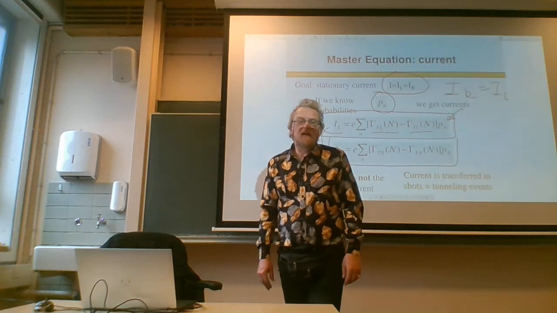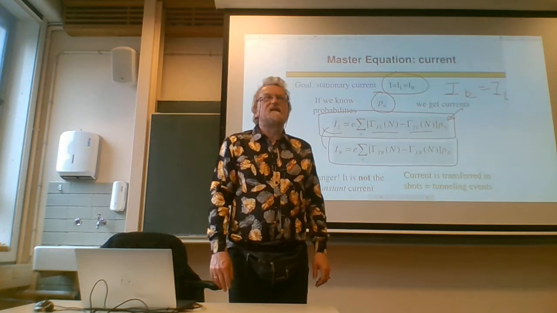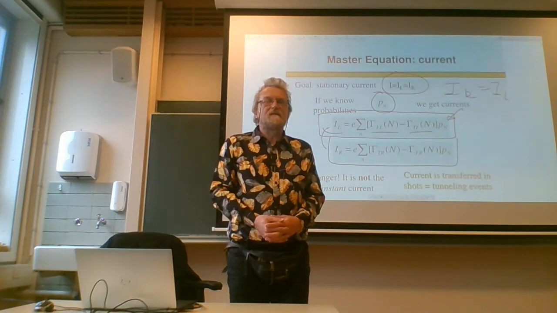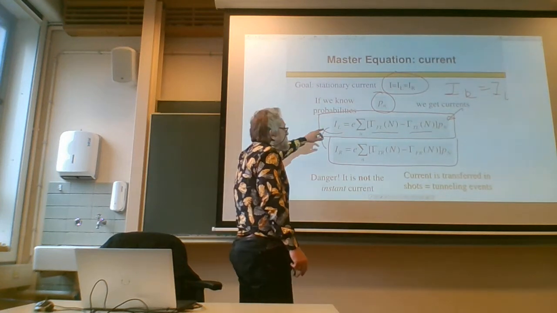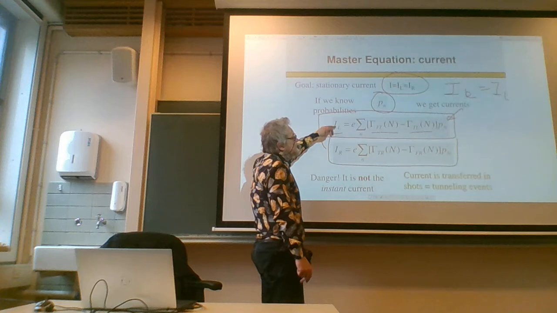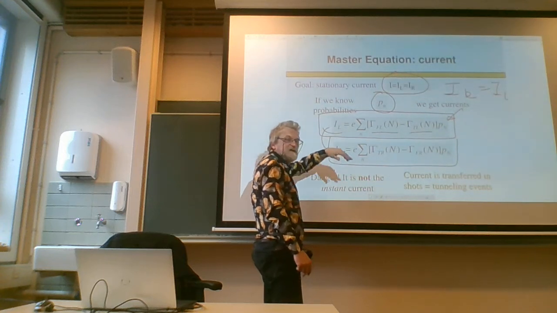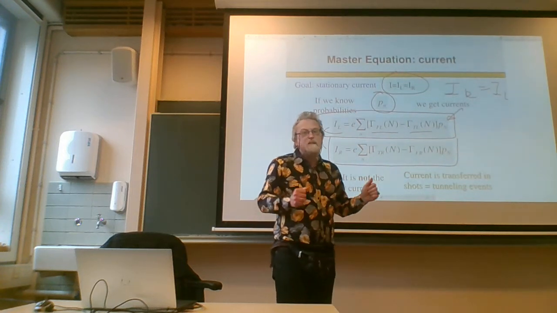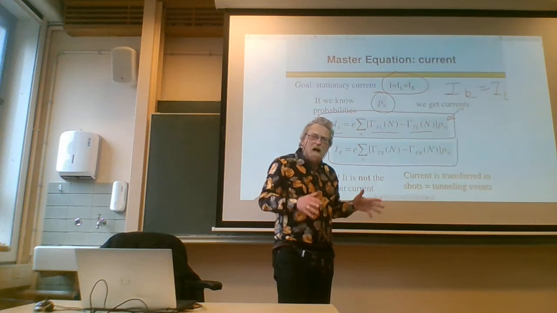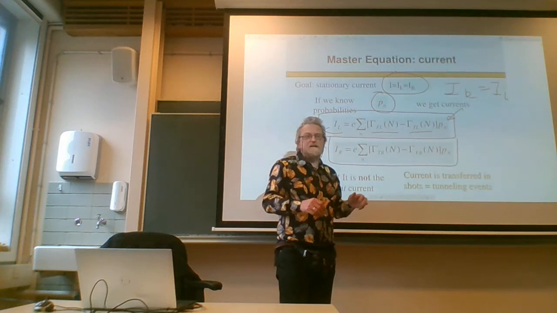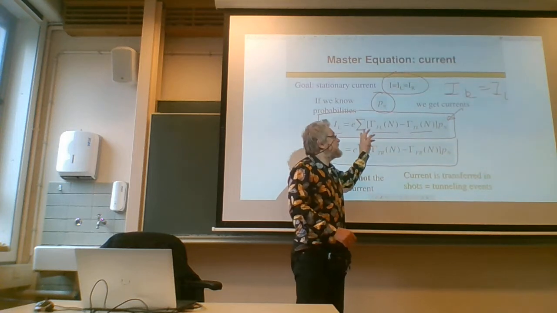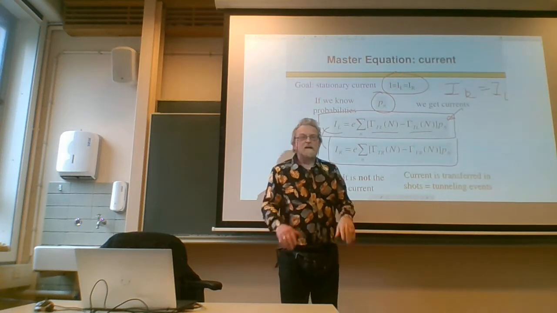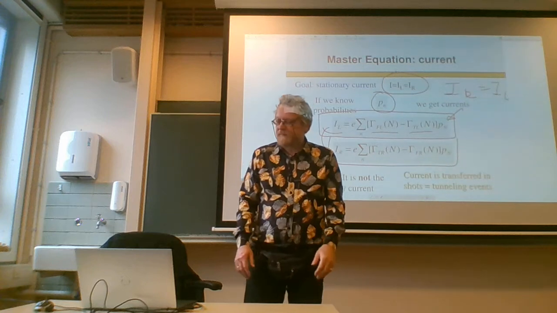Does our calculation satisfy the rules? Well, it does. The point is, these currents won't be the same for arbitrary probabilities. But if the probability is a solution of the master equation with the same rates, it will certainly hold.